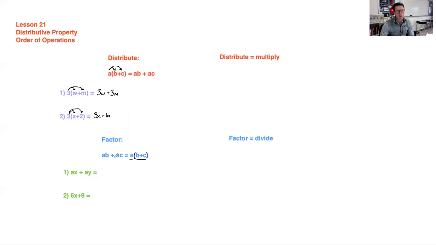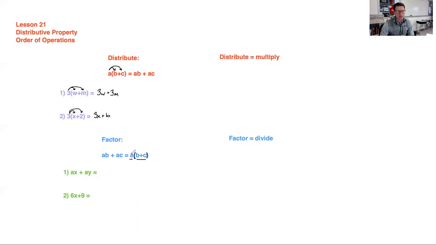I need to figure out what I can divide both AB and AC by, and whatever that is is what's going to be kicked out of the parentheses. Both of these have an A in common. So I can divide both AB and AC by A.